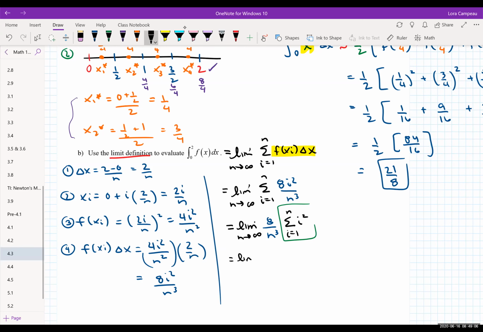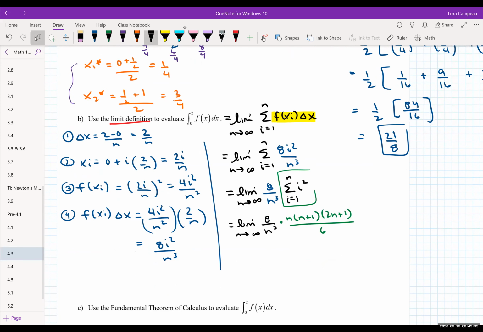Let me rewrite everything. Limit as n approaches infinity, 8 over n cubed. This is going to leave us with n times n plus 1 times 2n plus 1 over 6. And now you clean up the inside to help out. You can either do Bill Gates' simultaneously, or you can clean it up if that's something you want to make visible for yourselves.